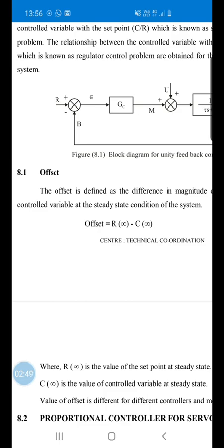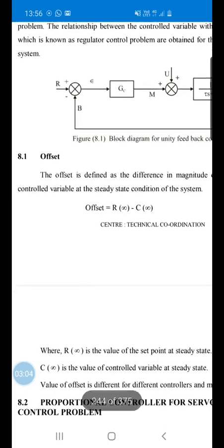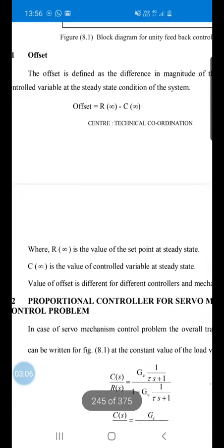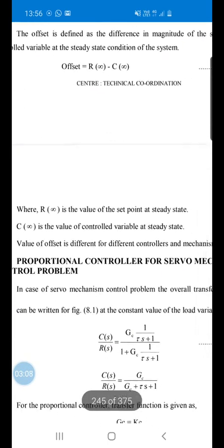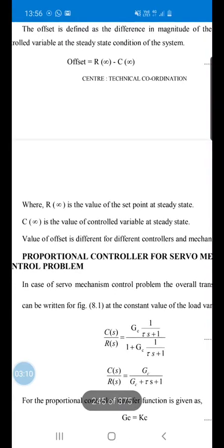So what is offset? Offset is the difference between a set point and control variable. So it is R infinity minus C infinity. R infinity means the set point value at steady state, and C infinity is the value of control variable at steady state. So these are the two values, and their difference will give you the offset.